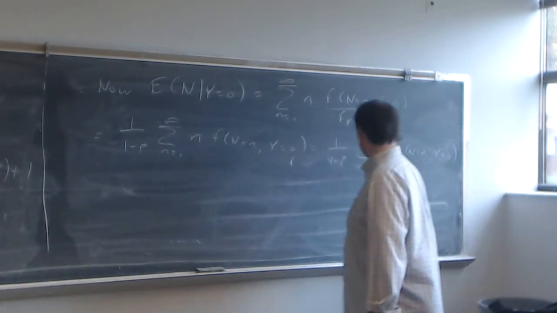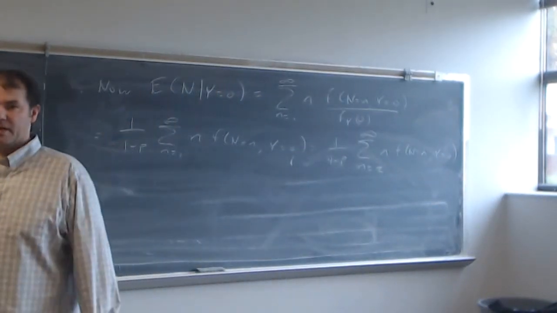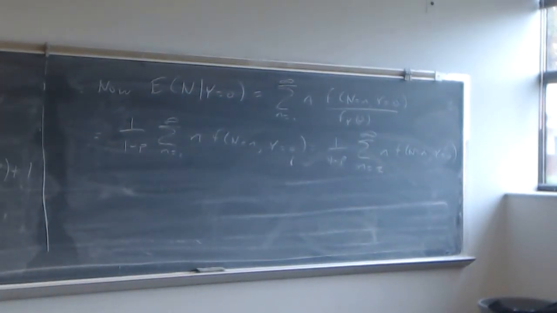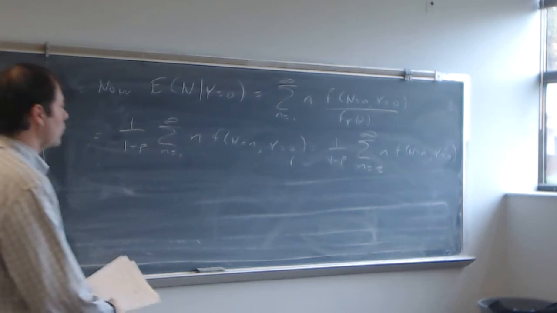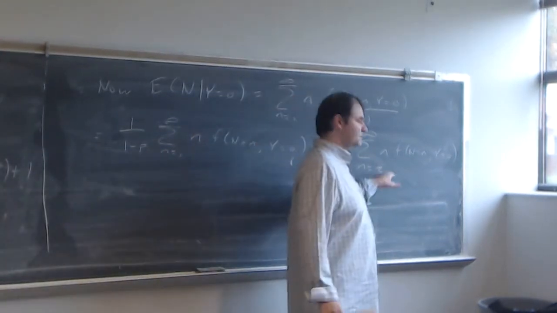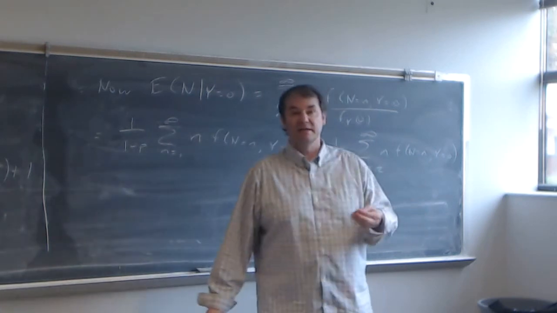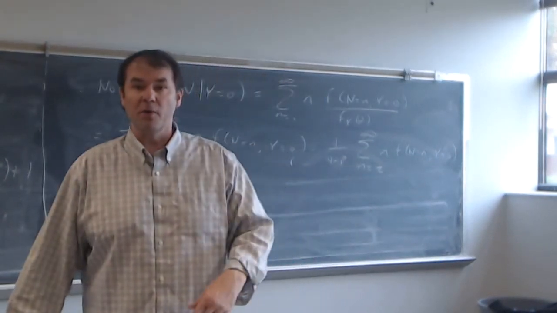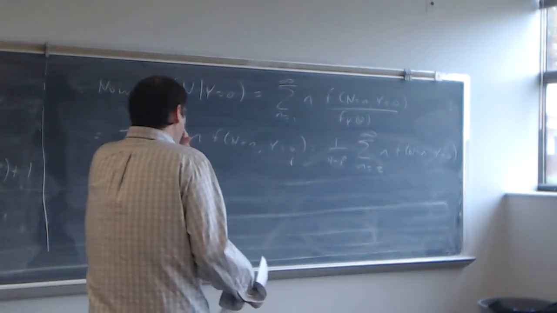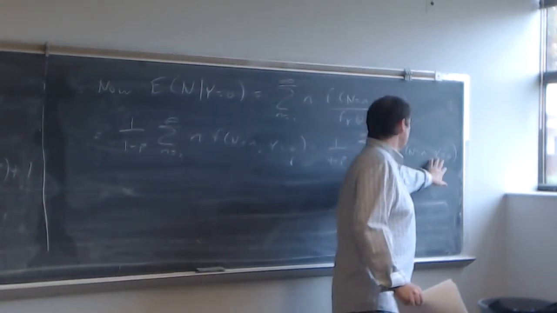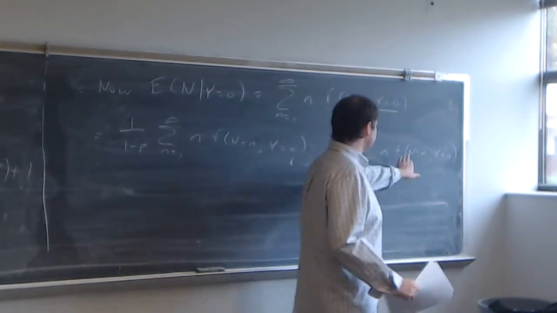So this is the probability that N is equal to some n where n runs from 2 to infinity, and Y is 0. Well, if you know n is 2 or bigger, the number of trials needed is 2 or more, you already know that Y is equal to 0. So this probability just reduces to the probability that N is equal to n.